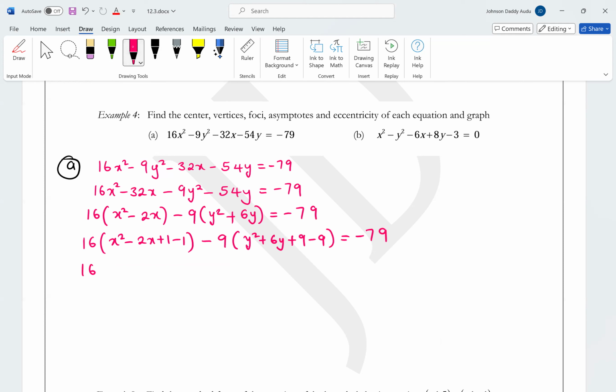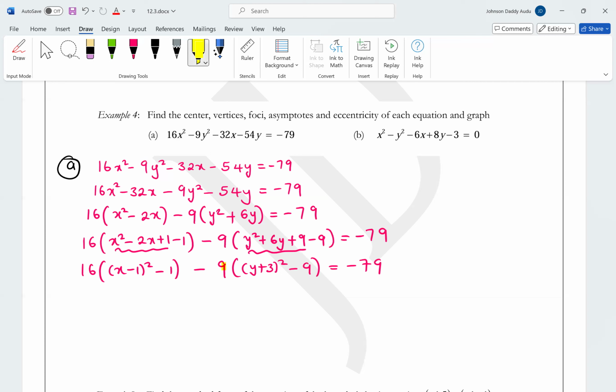Inside, these three terms are nothing but (x minus 1) squared, but there is a minus 1. And these three terms are nothing but (y plus 3) squared, but there is a minus 9. Here we have to be careful because of the numbers in front of them.